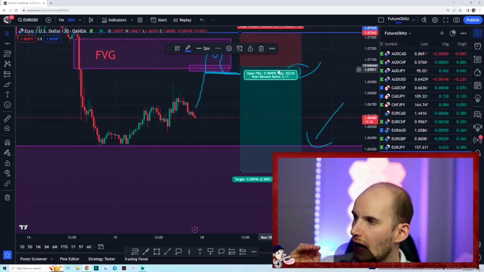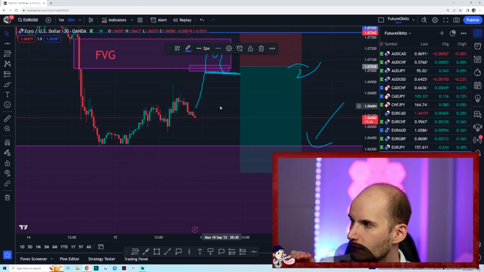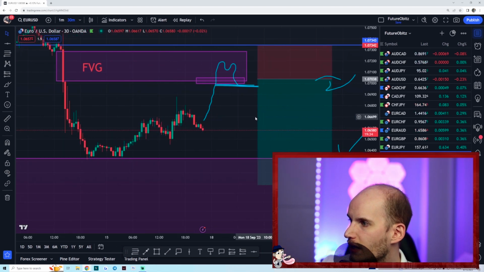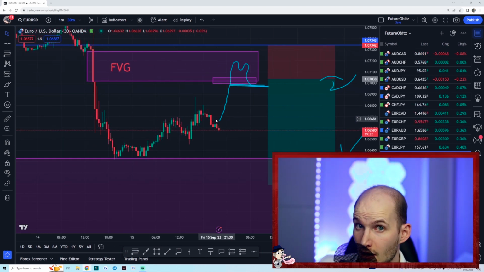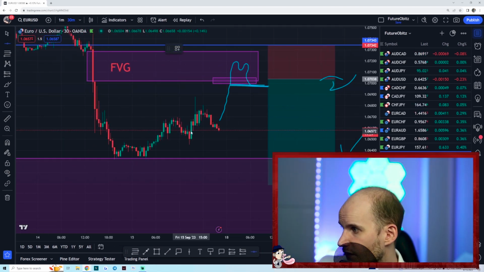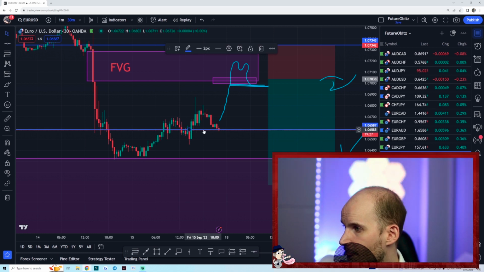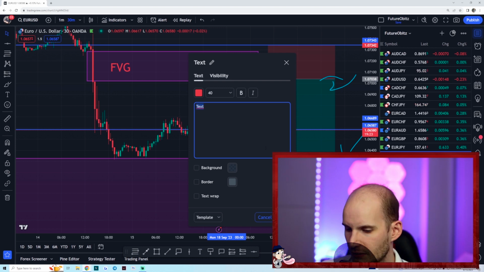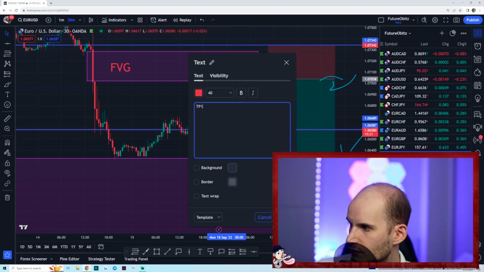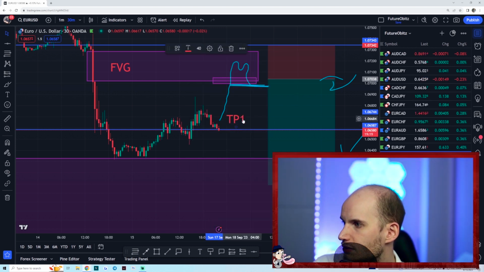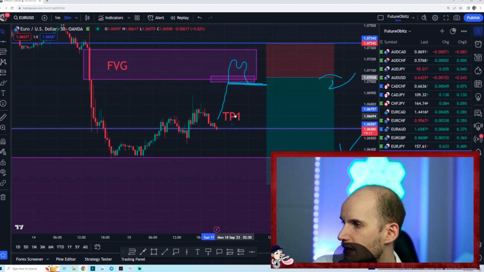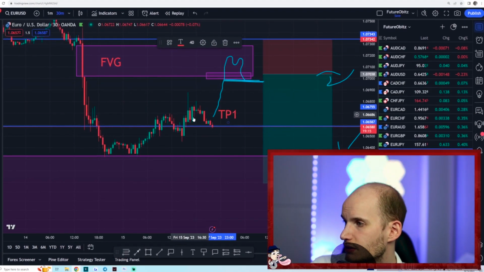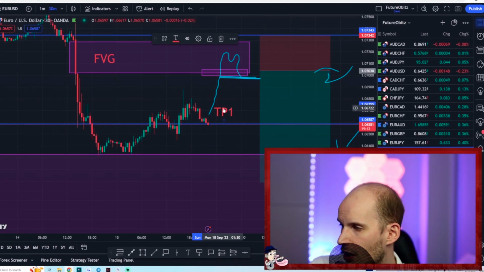And then I will simply take it down and see, okay, where is another support, something about here, right? So I would take my TP and put it a little bit before that support, because price will not always come down. Price can also stop and just come down here and then come back up again.